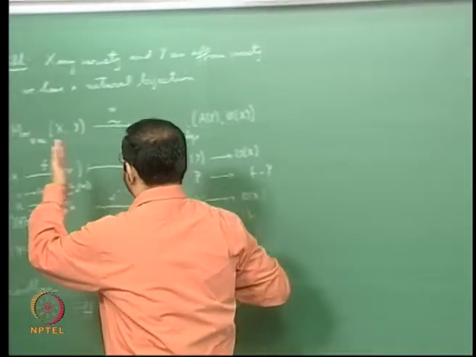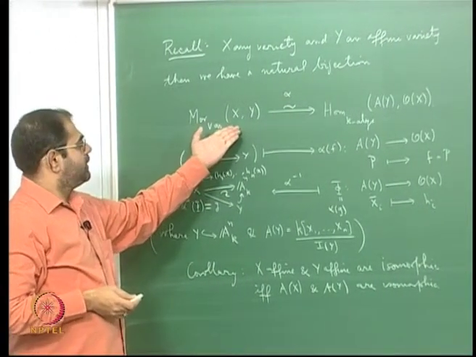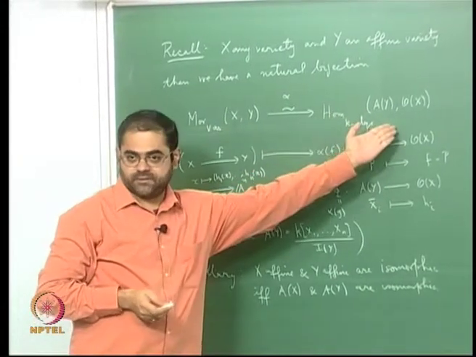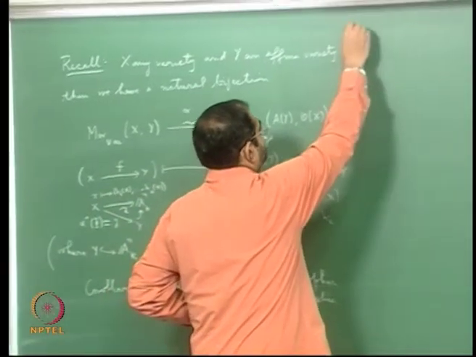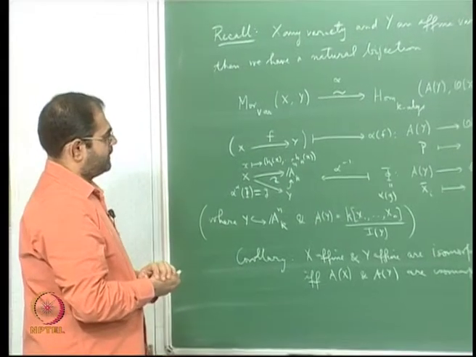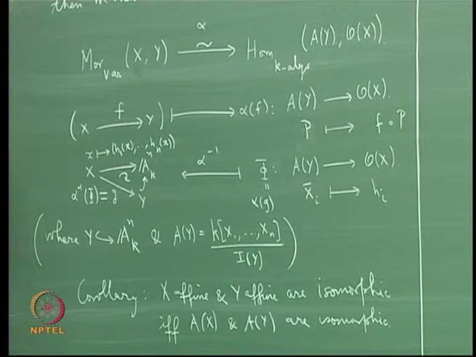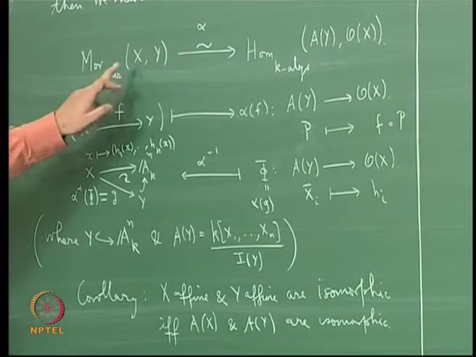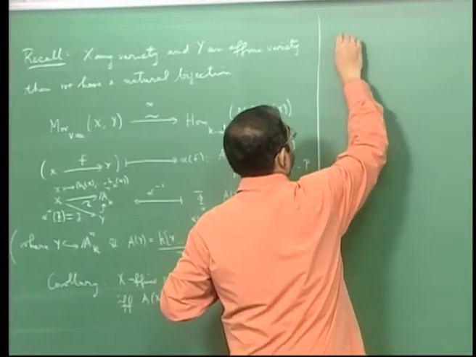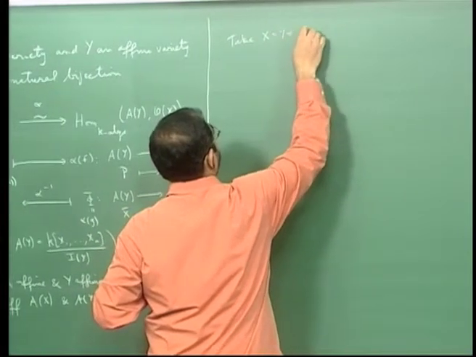And how many such isomorphisms are there? There are as many isomorphisms here as there are isomorphisms here, okay. So as a particular case, I can take for x and y just an itself. So take x equal to y equal to an.